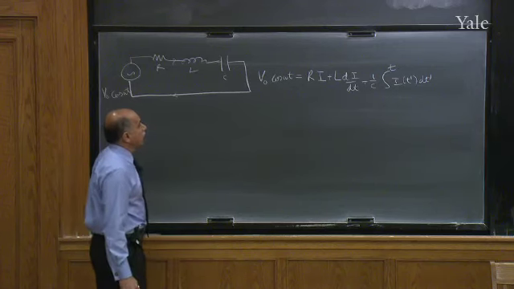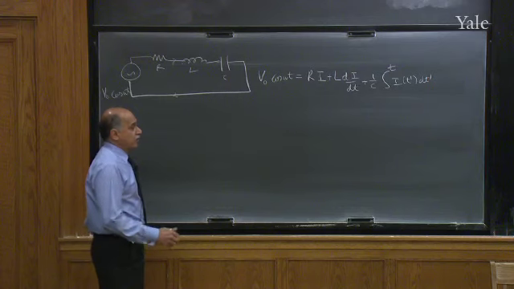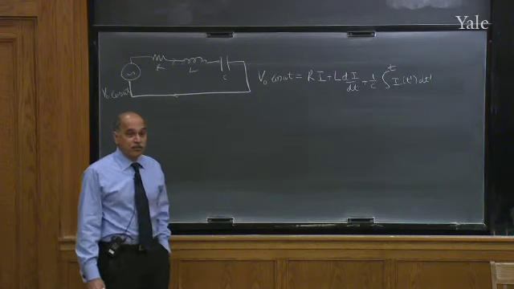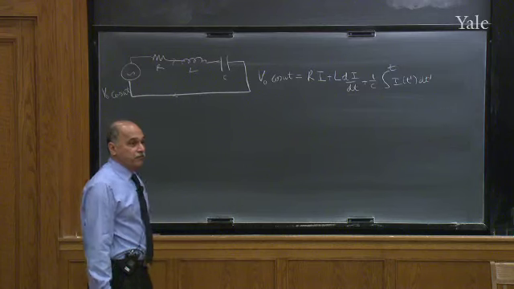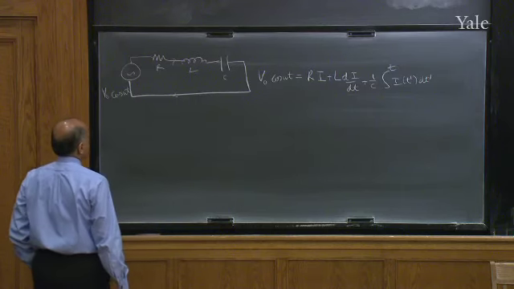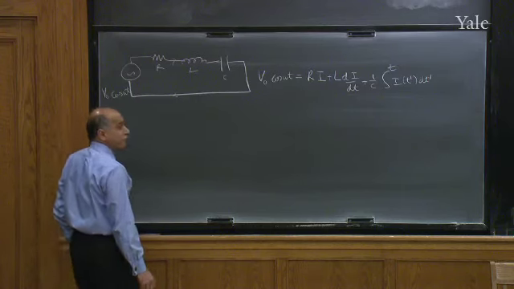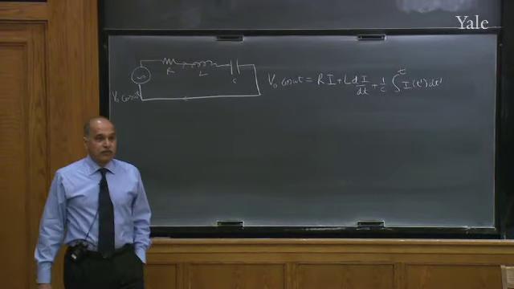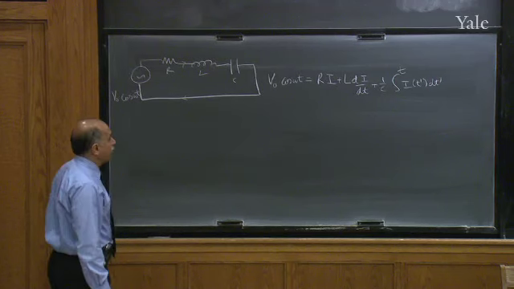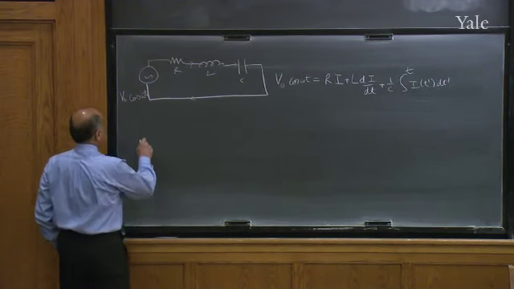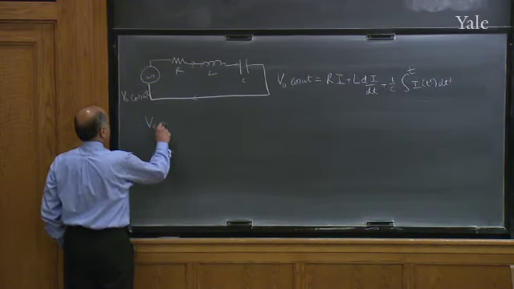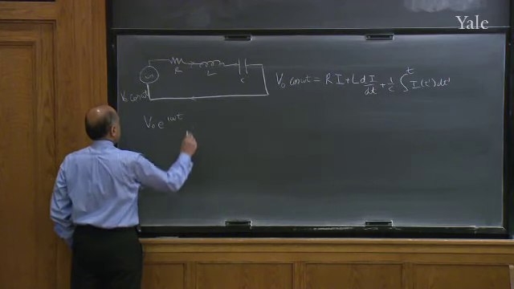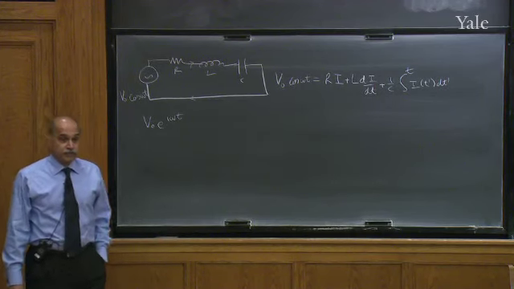He put to work some ideas that may seem esoteric because they involve complex numbers, but it makes life tolerable for people doing circuit theory. And here is the trick. I ignore this problem, and I solve the following problem. It's a purely mathematical device. The problem I solve has a voltage V naught e to the i omega t.